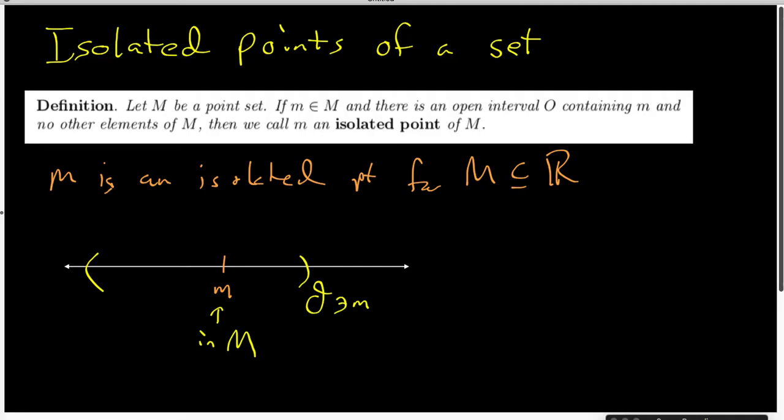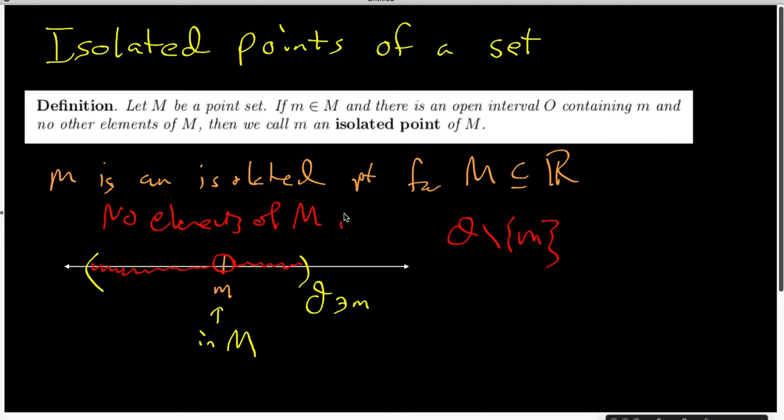In other words, if I look at the punctured open interval, O take away the set containing little m, which is all of this red stuff, there are no elements of set M inside this red area.